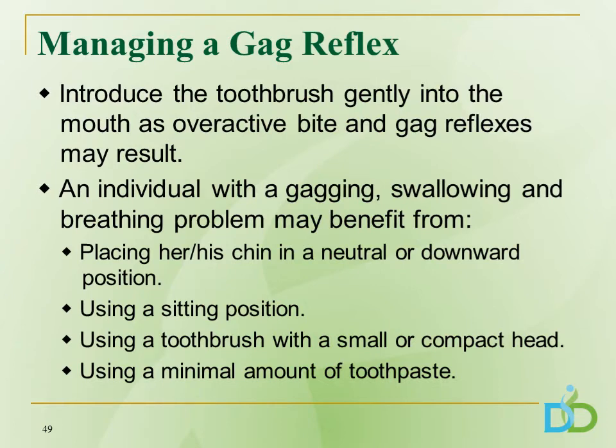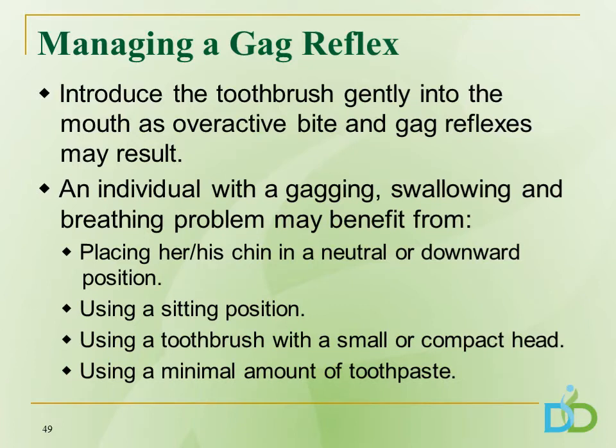Individuals with cerebral palsy may have an exaggerated gag response. It's best to carefully explain what you're doing and what they need to do. Some examples of things that you might want to suggest or try: have the patient place his or her chin in a neutral or downward position instead of backwards. Use a sitting position, not having them laid back as far. Use a toothbrush with a small or compact head.